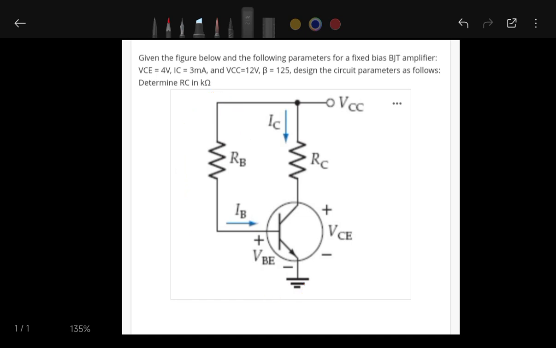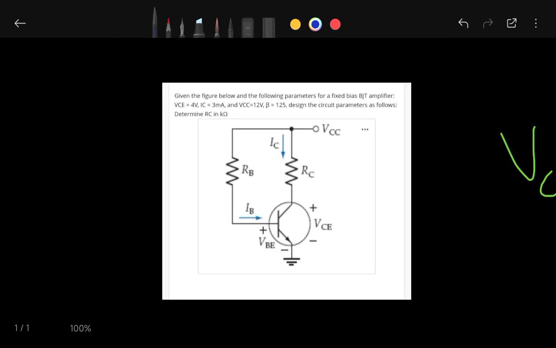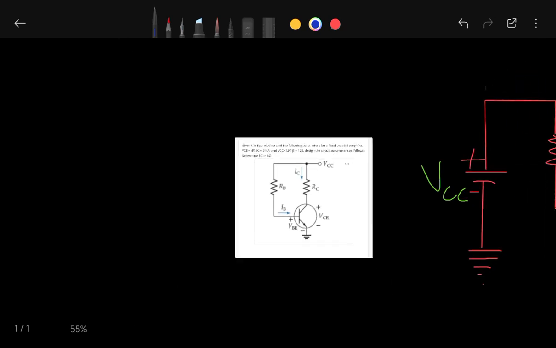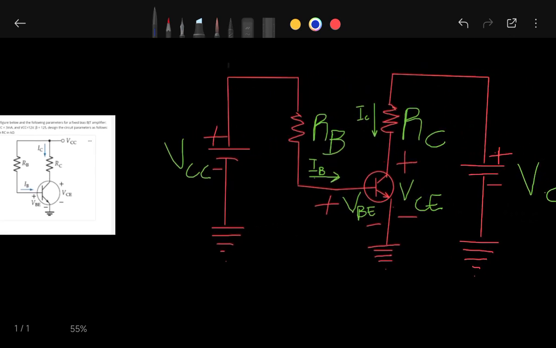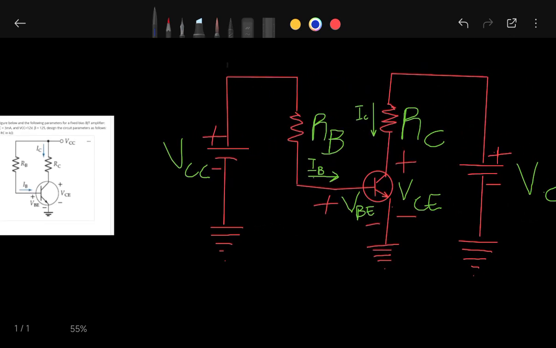You redraw the same circuit, but you include the loops. As you can see, there is still the same RB, VBE is here, and what I did was share the VCC, because they were sharing the same VCC.